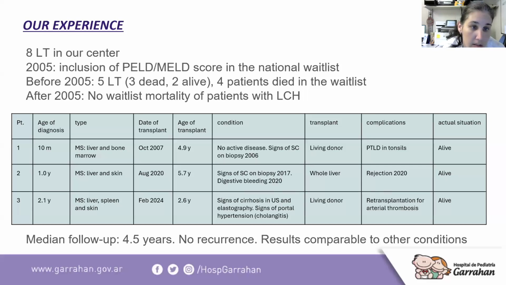All of them had multiple organ involvement, and 2 of those had signs of sclerosing cholangitis and complications of portal hypertension that allowed us to prioritize them on the waiting list. 2 of those patients were transplanted with living donors, and all of them had some complications, but it's not easy to draw a conclusion from this limited data.